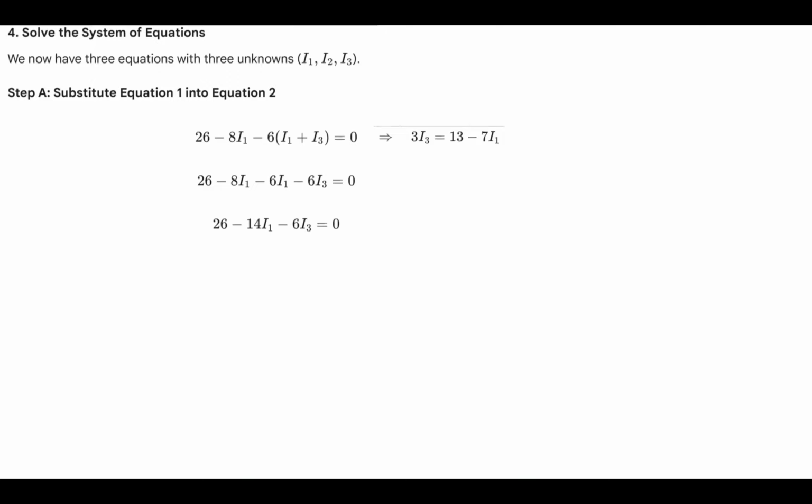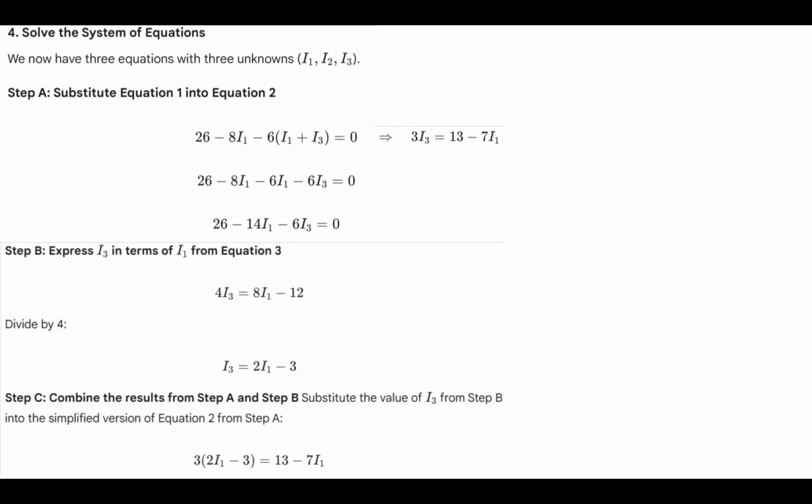And then we get I3 expressed in terms of I1 from the equation. And eventually, you will end up with an equation only for I1, okay? And then you can find out I1. So basically, we have 3 equations and 3 unknowns. We can find out all of them.